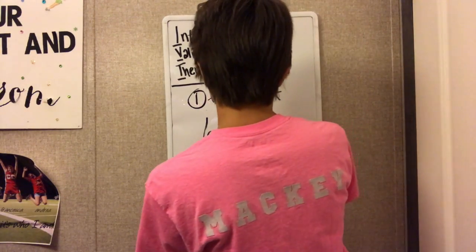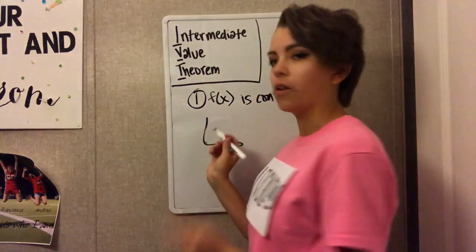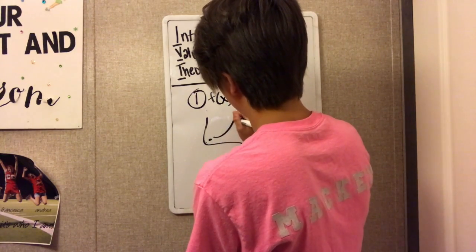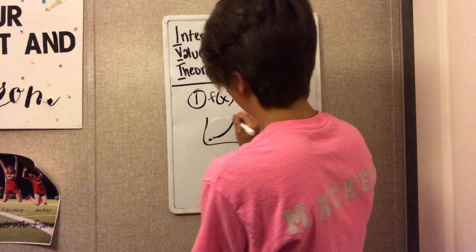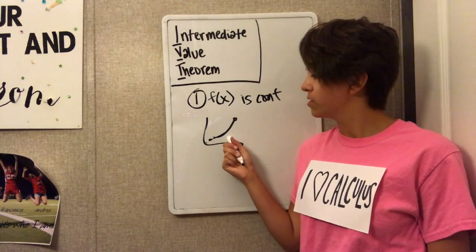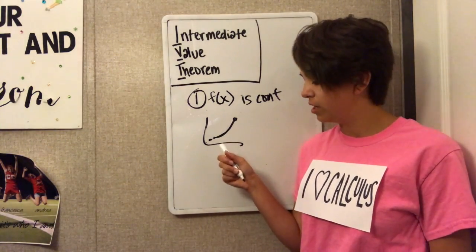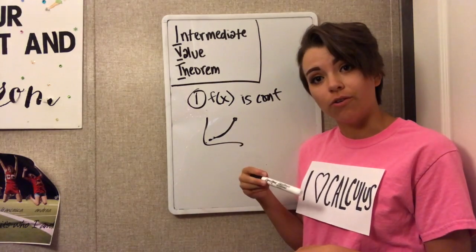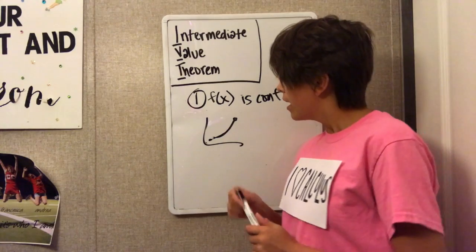So on a graph, say you got this number, closed interval, no sharp points or anything, no vertical line in this.